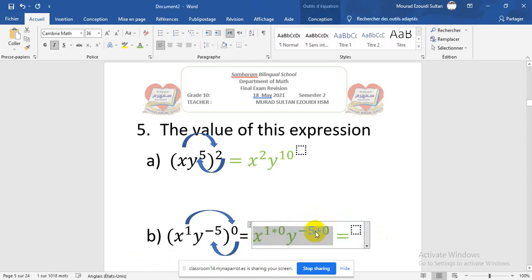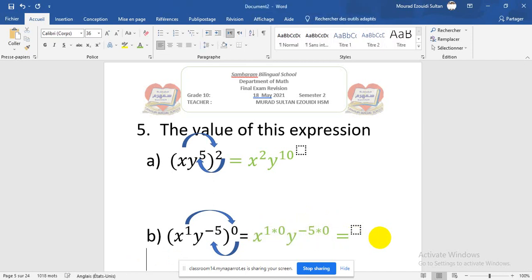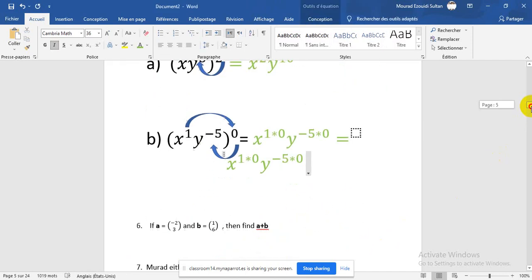We told this one should be equal, then I will make this clear for you. 1 multiplied by 0 is 0, and here minus 5 multiplied by 0 is 0.